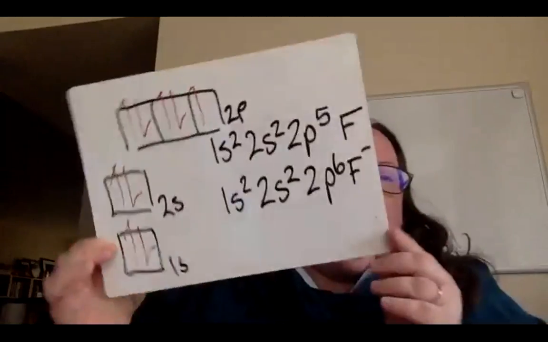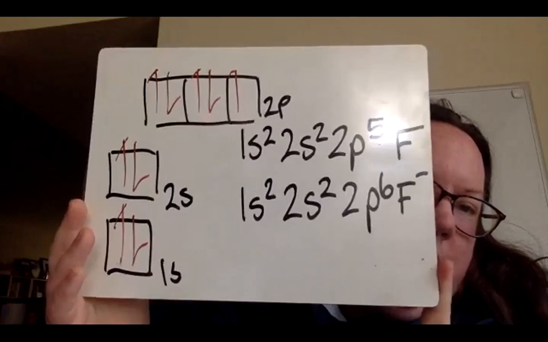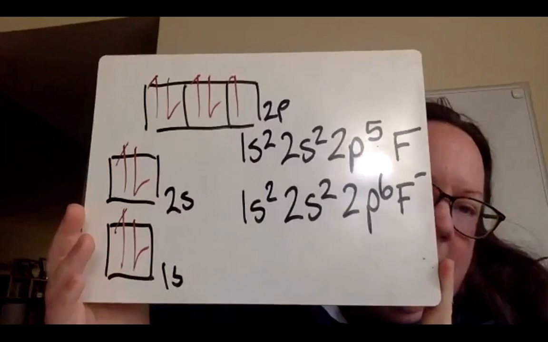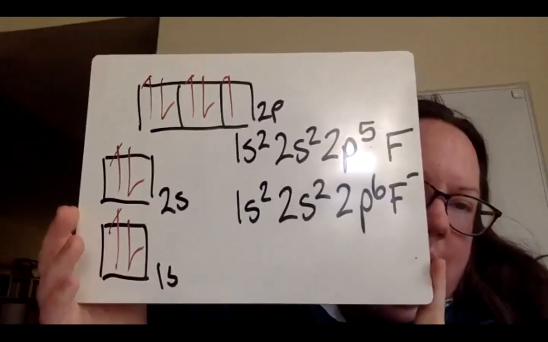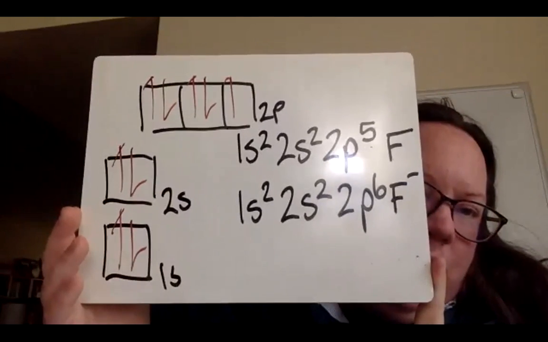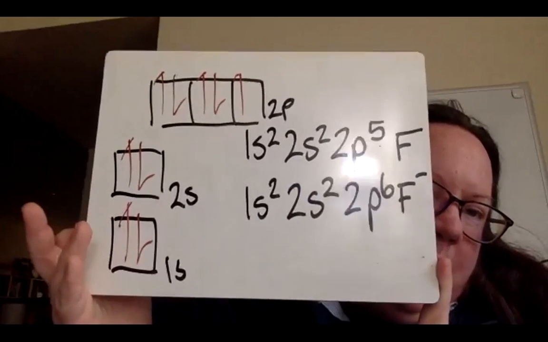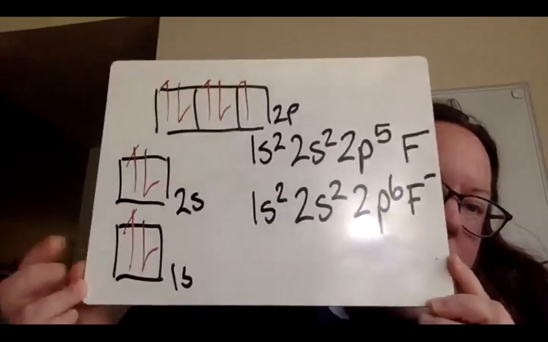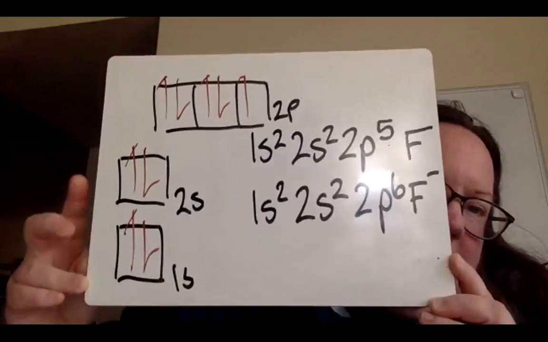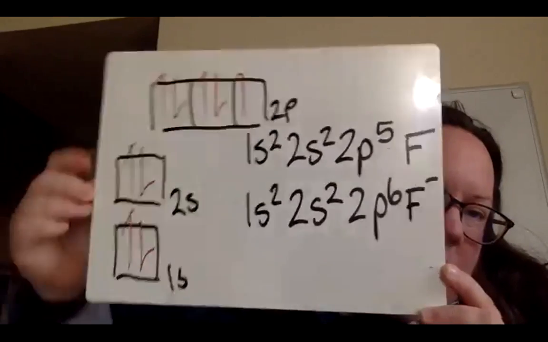So if I take a look at fluorine, one of the things I want you to notice is that when I form my fluoride anion, all I'm doing is adding one more electron. So if I think about my orbital diagram that I filled, remember I'm using the Aufbau principle to fill from the bottom up. I'm going to fill my 1s first, and then my 2s, and then my 2p.